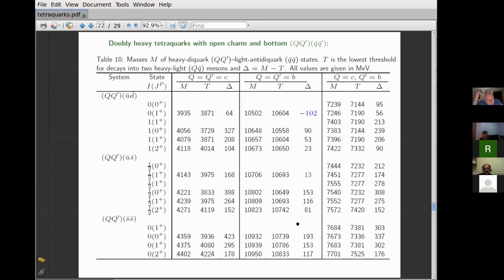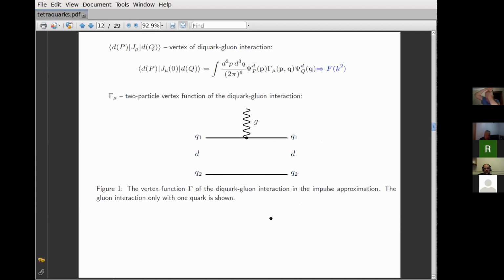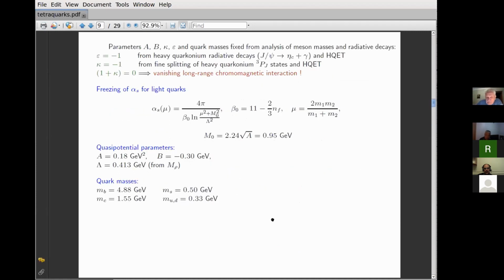You mean in our approach, unfortunately, I couldn't hear you properly, but as I understand, you ask what is the dependence of our results on the light quark masses. In our model, we use a constituent quark model, exactly. So we do not use the current quark masses, we use the constituent quark masses, which are given here.